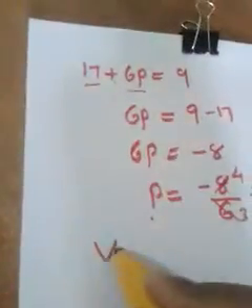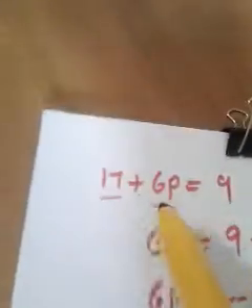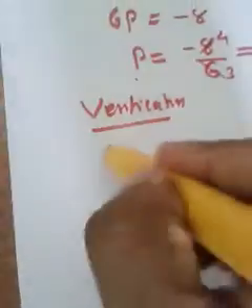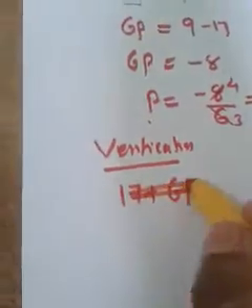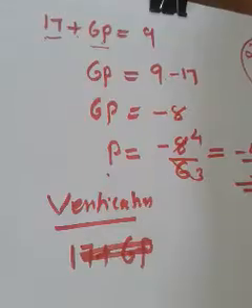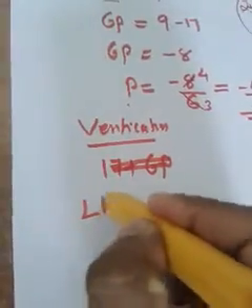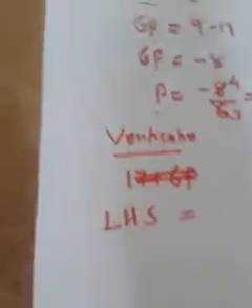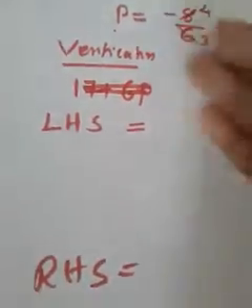Now it is time for verification. Let us verify. How can we verify? Once you calculate 17 plus 6p, we have to get 9. Let me introduce another method of verification for a change, and from now onwards let us do this method.